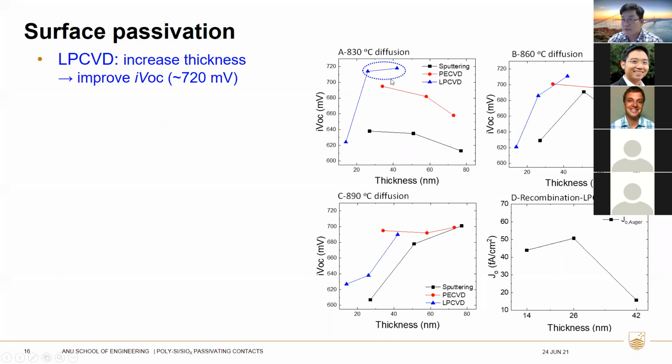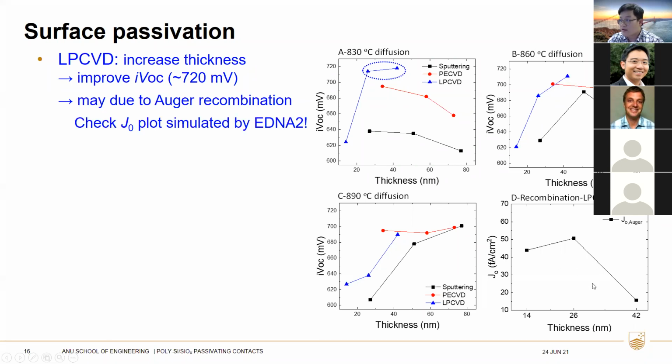So the reduction of iVoc with reducing the thickness of the film may be due to Auger recombination, and in fact that's correct, because recall from the ECV profiles before, thinner films show higher in-diffusion. To simulate that Auger recombination, we did a simulation with the EDNA2 program, and as you can see here, reducing the thickness of the film shows an increment in the Auger recombination J0.